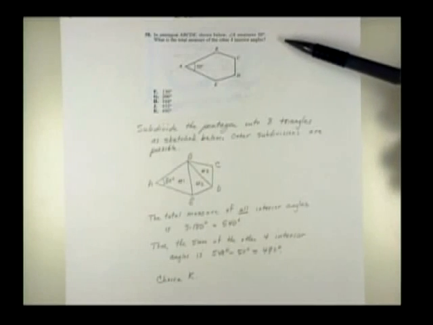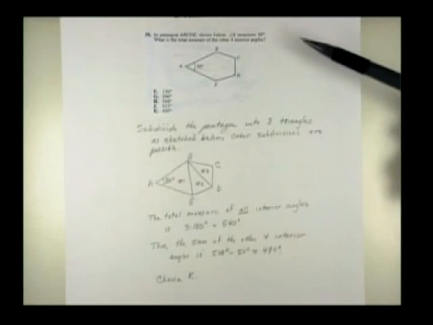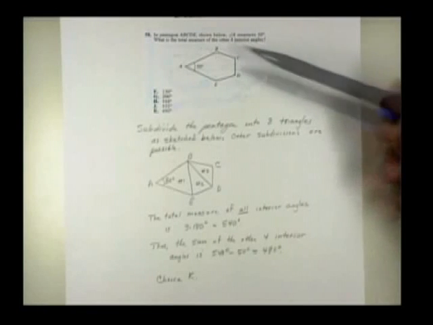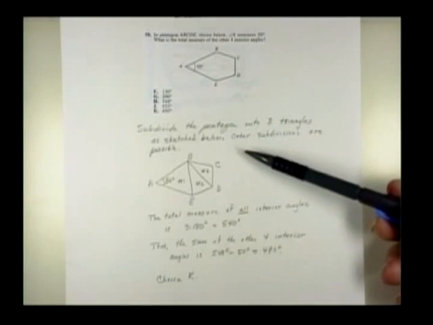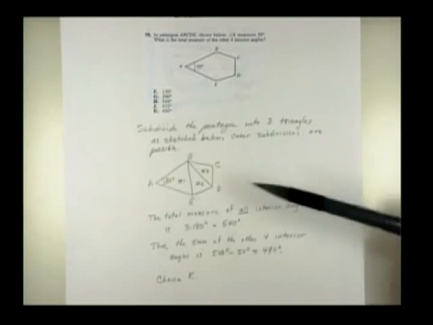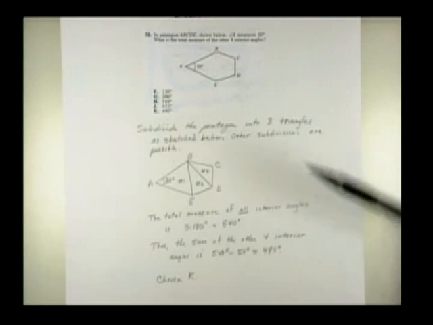In pentagon ABCDE, shown below, angle A measures 50 degrees. What is the total measure of the other 4 interior angles? Subdivide the pentagon into 3 triangles as sketched below. Other subdivisions are possible. Triangle 1, triangle 2, triangle 3.